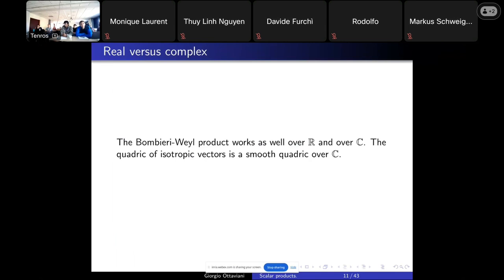So the expression is the following. If you write F as a sum of binomial(d, alpha) F_alpha x^alpha, then the norm squared is the sum of binomial(d, alpha) F_alpha squared.